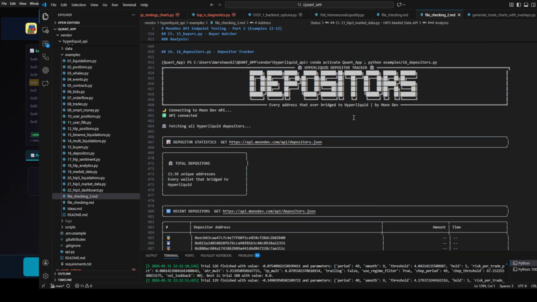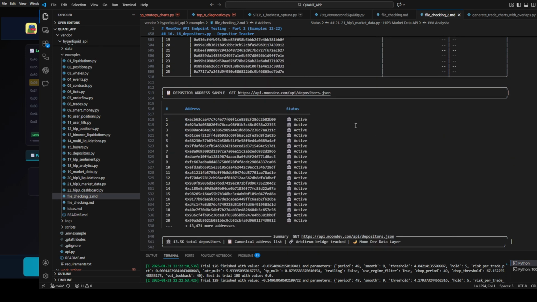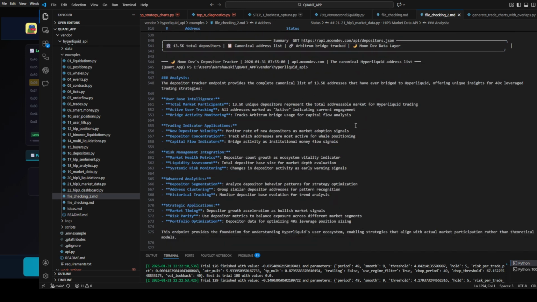The depositors. So yeah, the depositor tracking endpoint provides the complete canonical list of 30.5K addresses that have ever bridged to Hyperliquid, offering unique insights for 40x leverage trading strategies.